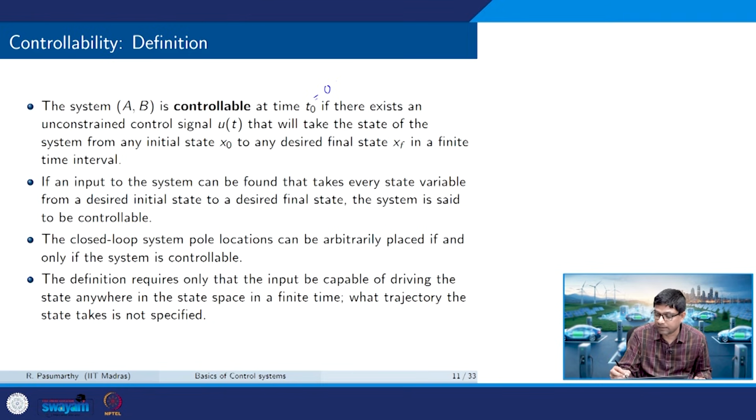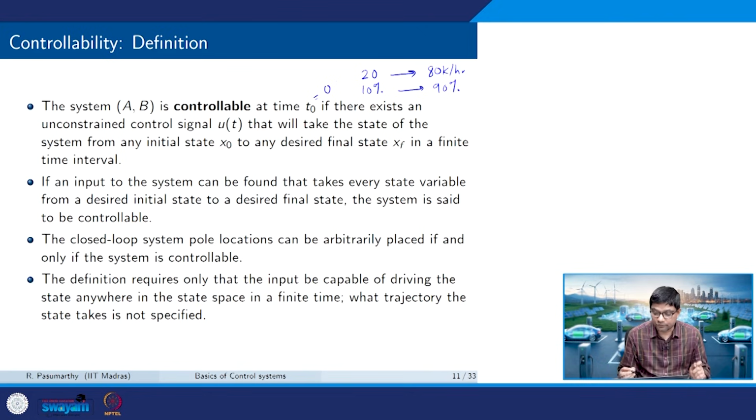It could mean, say, I have an initial speed of 20 km per hour for the car, can I go to 80 km per hour? Say my battery is at 10% charge, can I make it go to 90% charge with the help of some control input in finite time? I want my battery to be charged in some finite time, but I don't want to wait 2 years or forever for it to be charged.